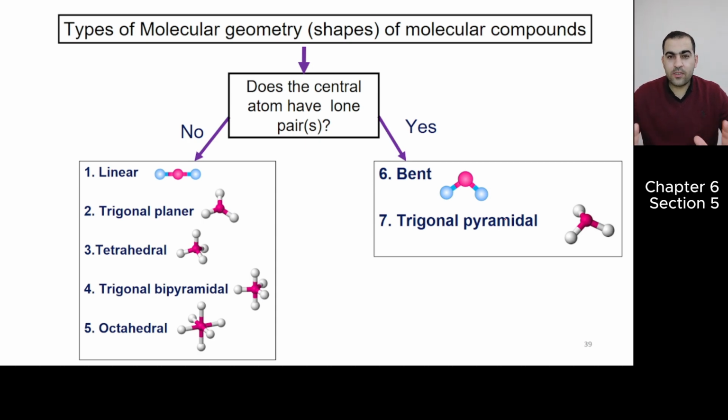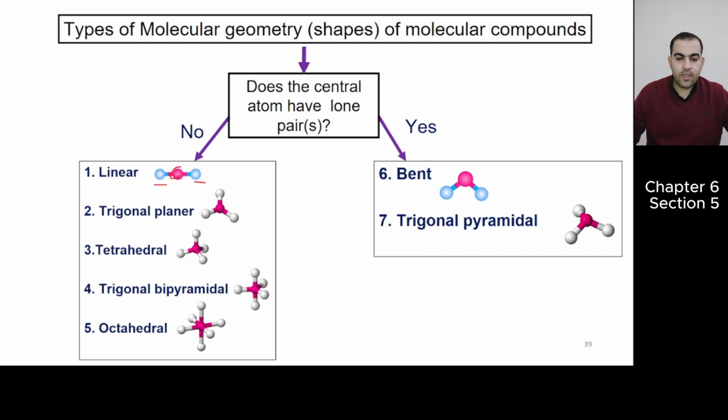Generally, there are 7 types of molecular geometry. Does the central atom have a lone pair? Guys, there are 5 shapes where the central atom doesn't have lone pairs. Linear: how many atoms are bonded to the central atom? 2. This is the central atom.